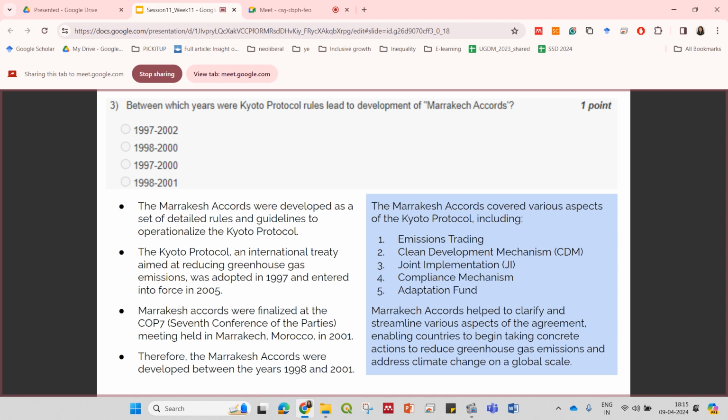This again we saw in the Copenhagen Accord. That only meant emission reduction and didn't talk about emission trading at all. So what emission trading did was it provided an avenue for developed countries to trade the amount of emissions that they are making with another country which might not be making as many emissions.